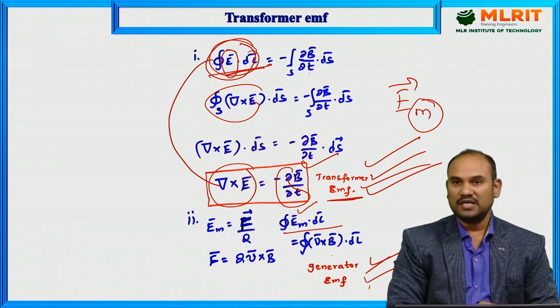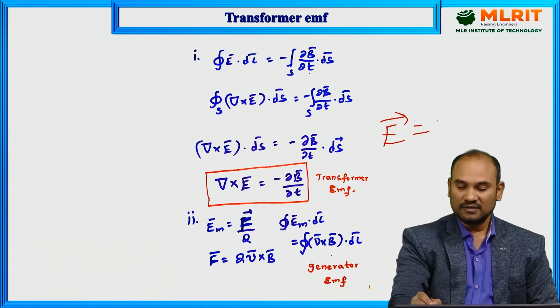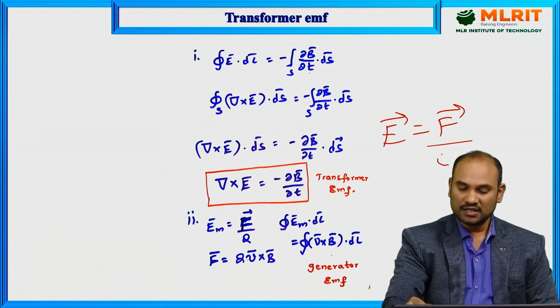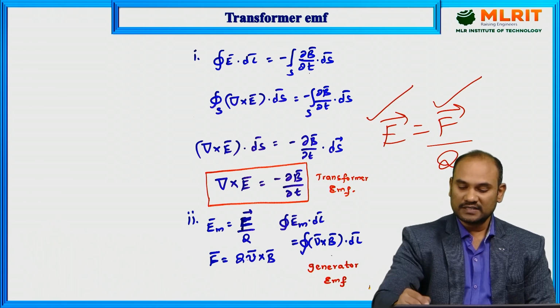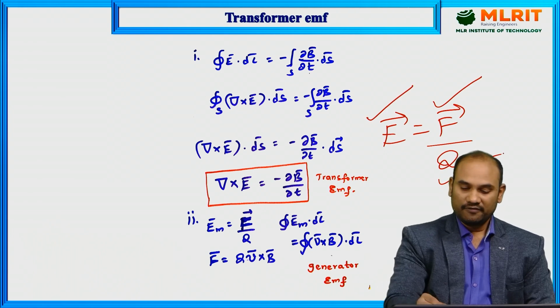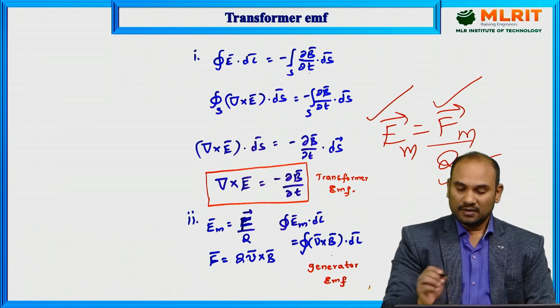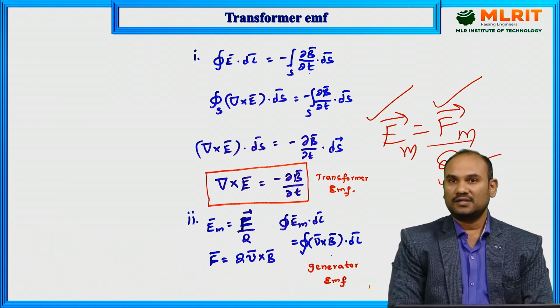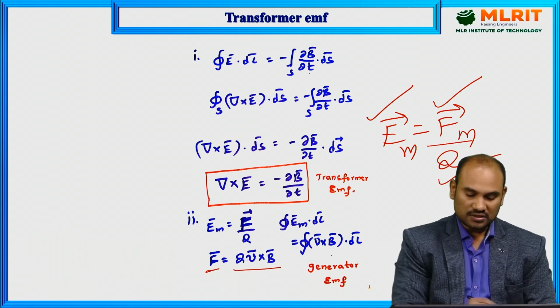E is replaced with E_m. Now what is the expression equal to? Electric field is, by definition, the amount of electric force exerted on unit electric charge. If I take E_m, then it will be F_m. What is F_m? The formula we have seen in the previous discussions: F_m is Q V cross B bar.